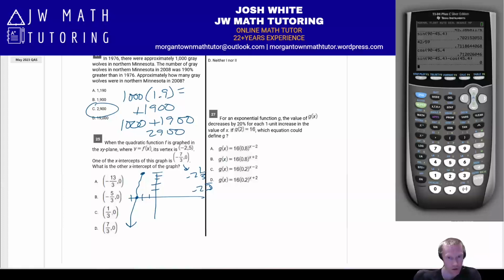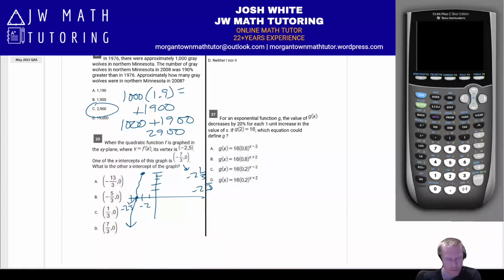So first of all, if this is -2 and then right here it's like -2 and 1/3, a couple of things. C and D are going to be out, because 1/3 is going to be over here between 0 and 1, and 7/3 is going to be way over here between 2 and 3.